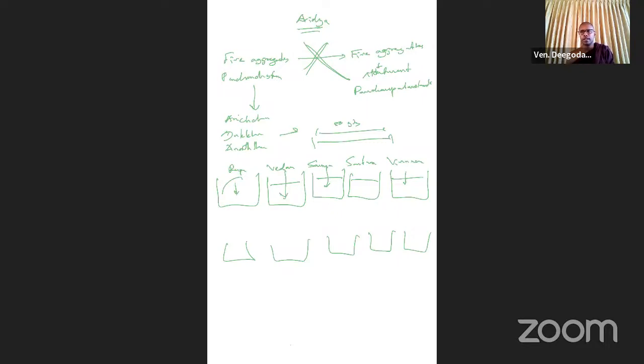The reason for that is this classification was widely spread during the time of Buddha, even before he was born, because it was actually explained by the Buddha before him, Kashapa Buddha.